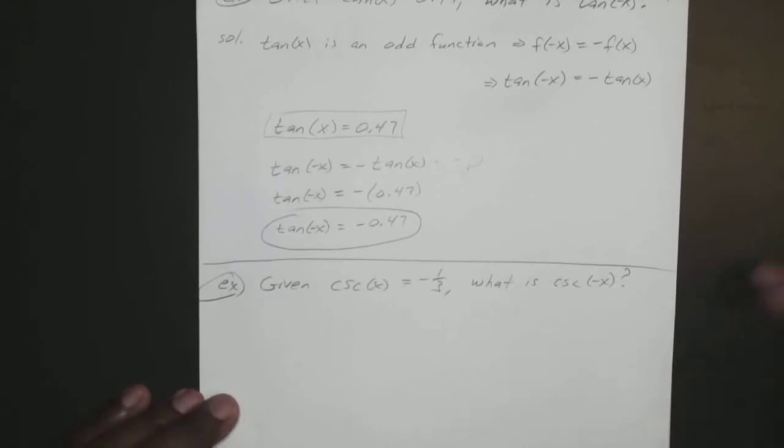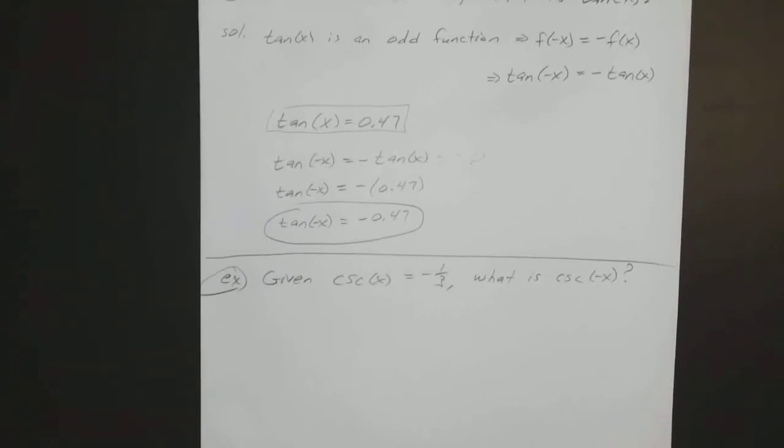Okay, and I'll leave that one for you to start on. Remember, cosine and secant are your only even ones. Everything else is odd, which means that negative goes out to the front.